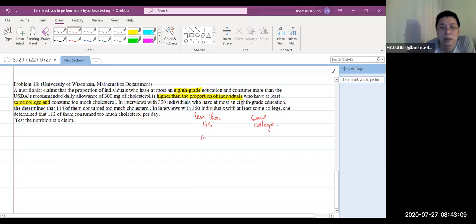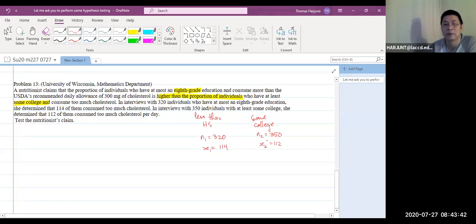The sample size for the high school one is 320, and 114 actually consume too much daily cholesterol. And then for n2, those who have at least some college, 350, and 112 of them have too much cholesterol in one day.